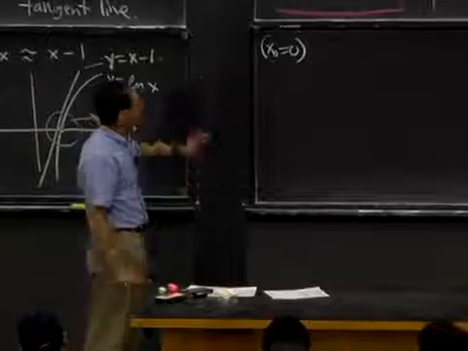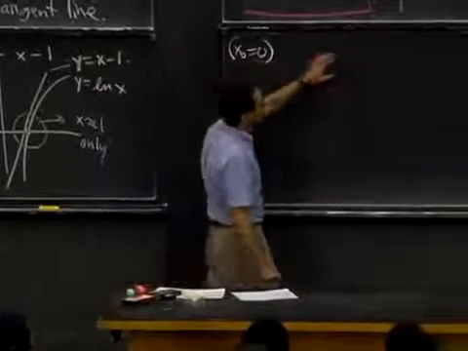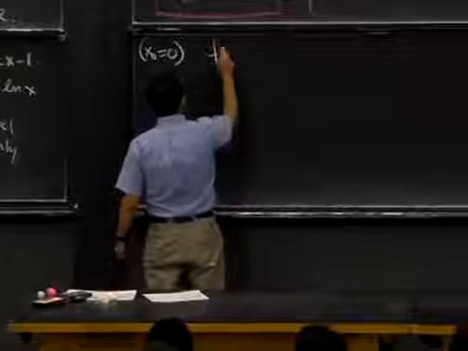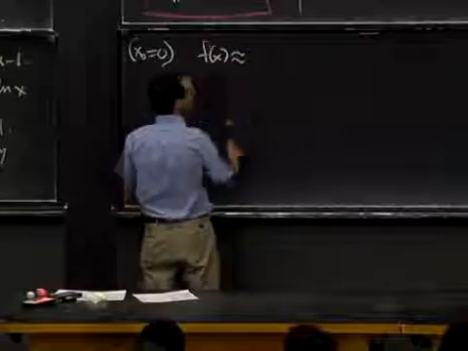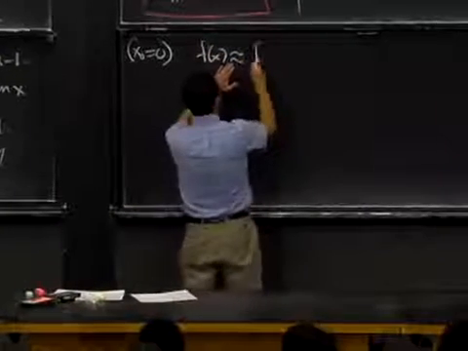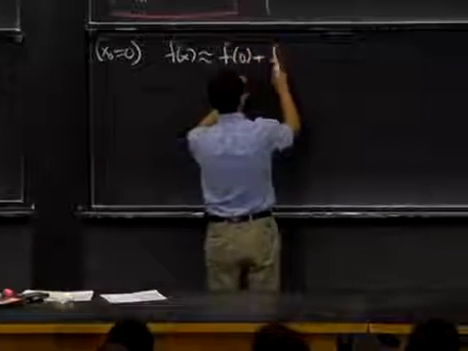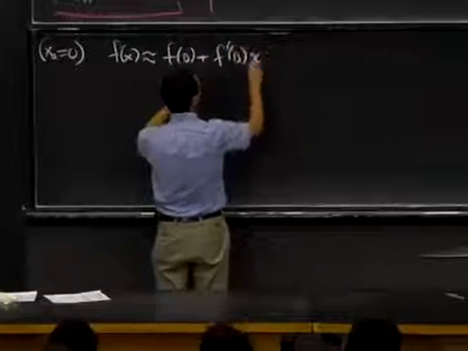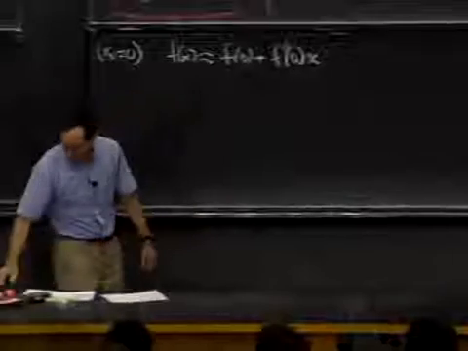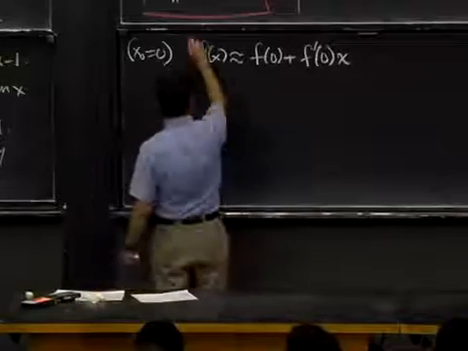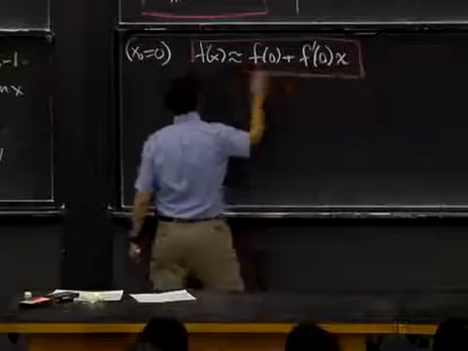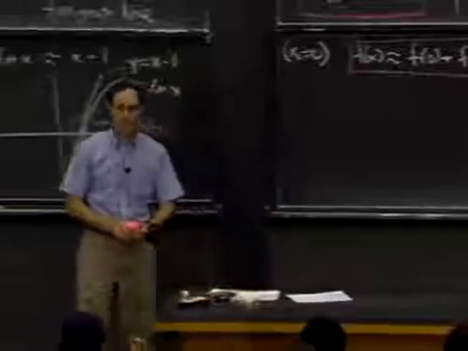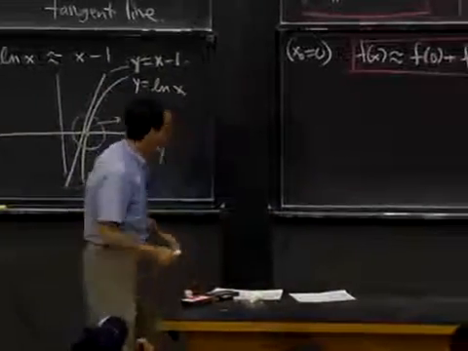And if I put x0 equals 0, then this formula becomes a little bit simpler to read. It becomes f of x is approximately f of 0 plus f prime of 0 times x. All right? So this is probably the form that you'll want to remember most. That's, again, just the linear approximation.